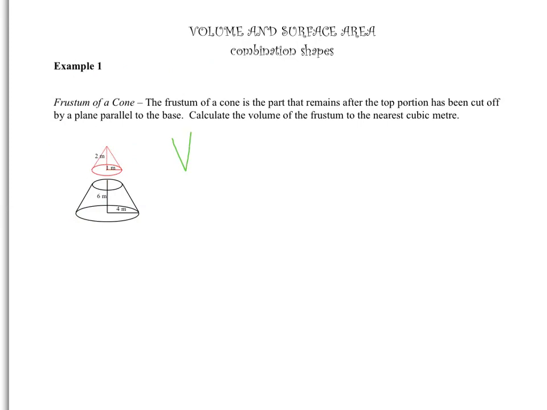So the volume formula for a cone being pi r squared h divided by 3. We'll start with calculating the volume of the full cone. So I'm going to write that as volume full.